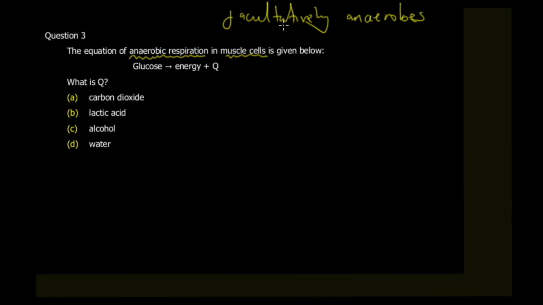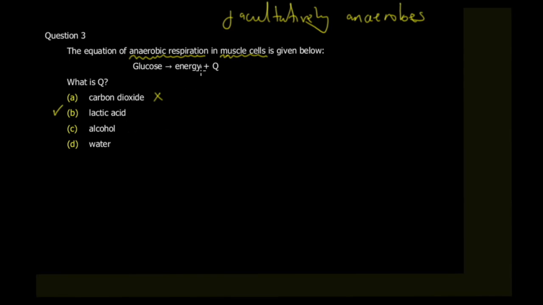So how would we do that? We do that in muscle cells. Let's say you're running, you require a lot of oxygen. For your body to compensate for that, it does this reaction. That's why they say in muscle cells. Glucose gives lactic acid, so you'd cancel carbon dioxide. Alcohol is also anaerobic respiration, but we don't choose alcohol because we are concentrating on muscle cells.